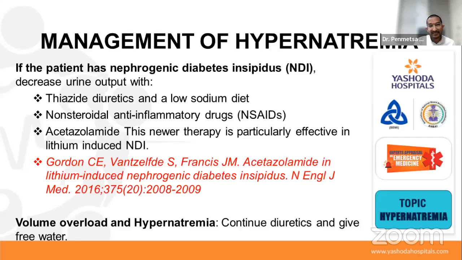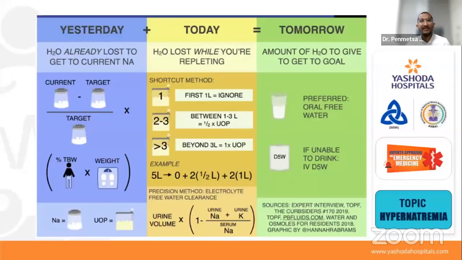Suppose someone is having significant diarrhea, they will not be making so much urine. In patients with diabetes insipidus, particularly in the ICU setting, they'll be making 3 liters, 5 liters, 6 liters of urine. So you start correcting. There is a formula. The patient is having a sodium of 170. You start correcting, but the patient is also losing 6 liters per day of water. So you have to calculate whatever is already the deficit, and how much he is losing.